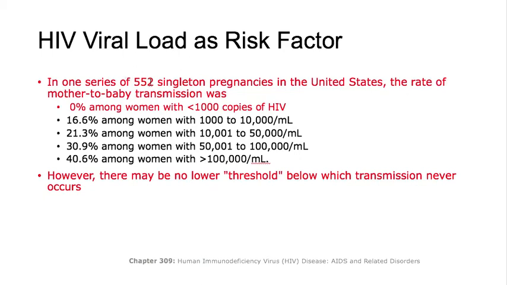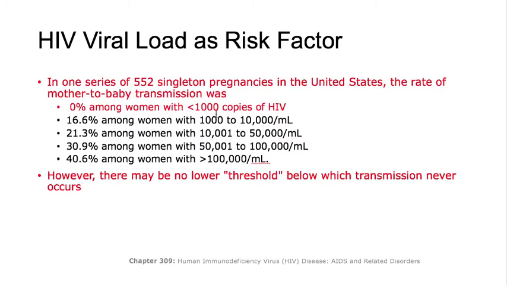So in a series of 552 single pregnancies, the rate of transmission from mother to baby was stratified by their viral load. 40% of women with a viral load of greater than 100,000 passed along the virus to their child, and you can see the different levels here, whereas women with less than 1,000 copies of HIV, the transmission was 0.